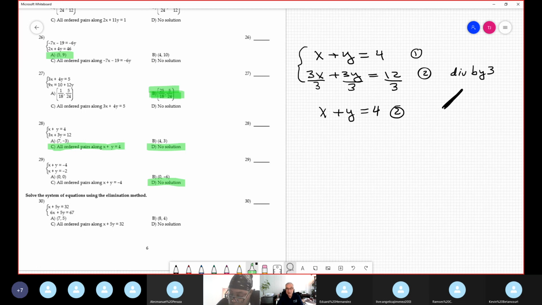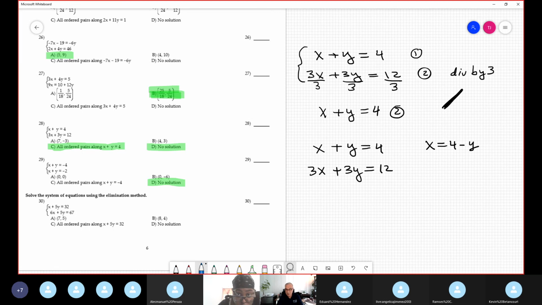Another possibility is, suppose, professor, I don't realize this idea of dividing by 3. Okay, no problem. This is the original. You take the easier equation, obviously the first one, and solve for x, for example.